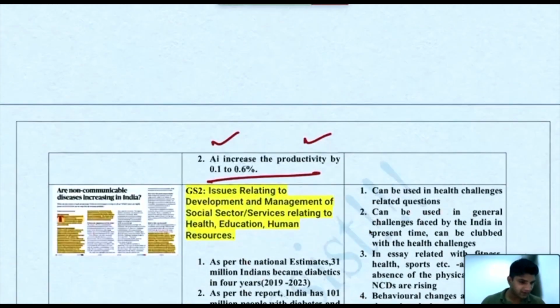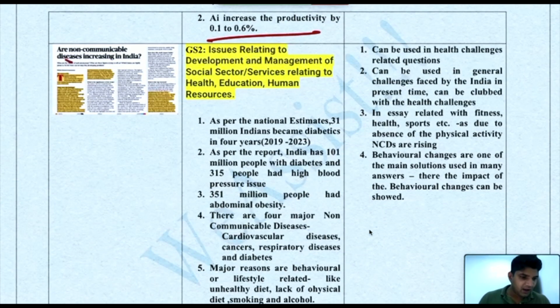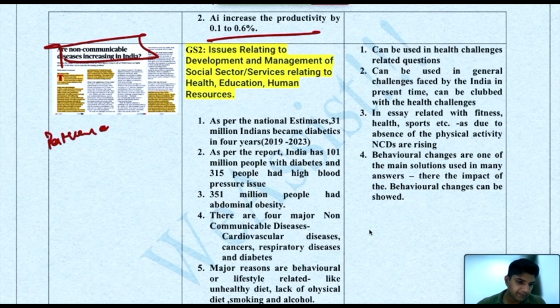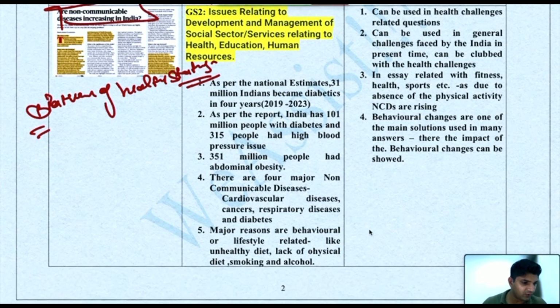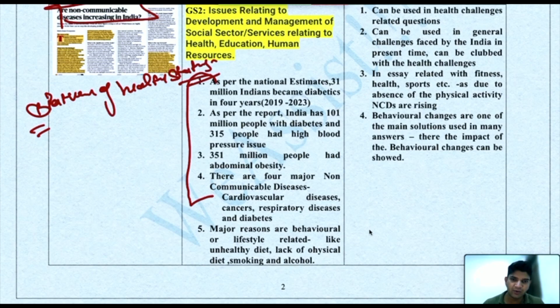Coming to the second point, about non-communicable diseases. Where you can use it: first, it gives you a pattern of health status. Suppose the question comes to discuss that the pattern of health is changing in India in recent times. So you can give this example or quote these figures on how it is changing.